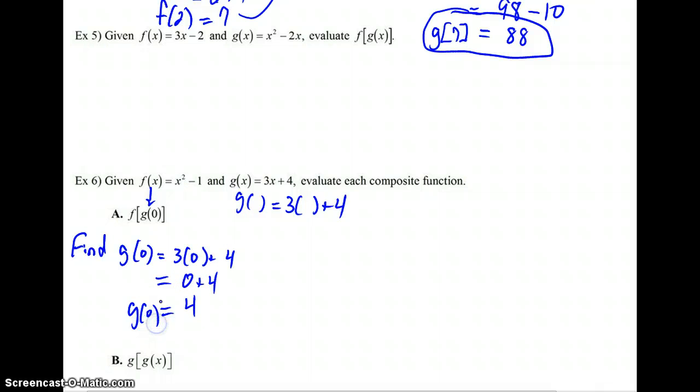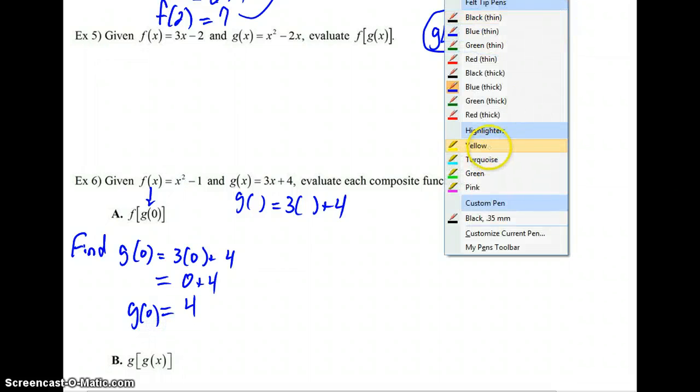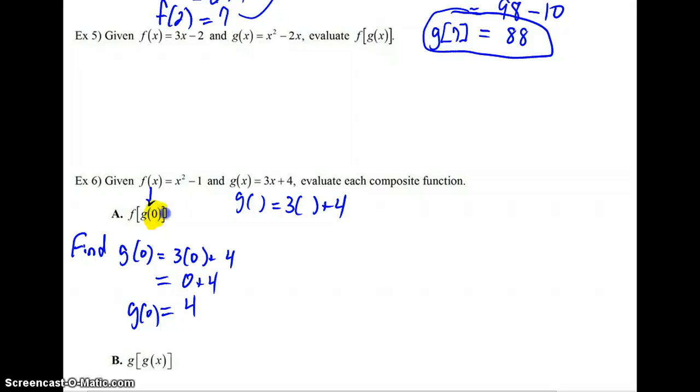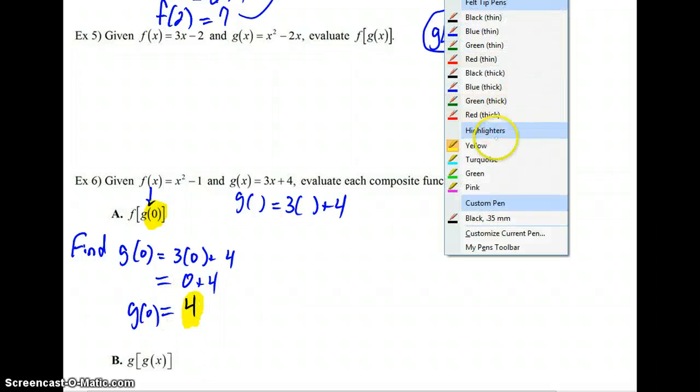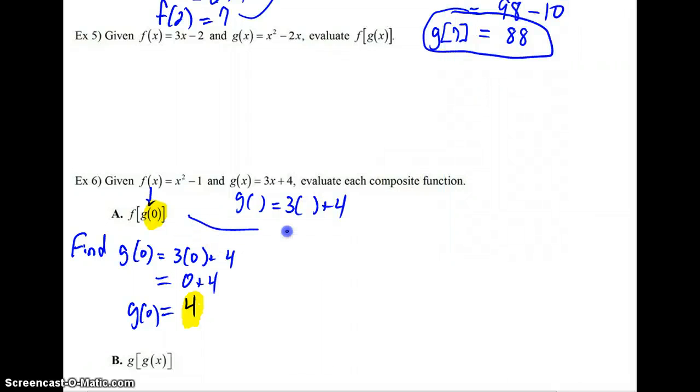What are we really seeing? We're seeing this: that inside part, that inner parenthesis, is really the number 4. So what I'm really trying to do is find f of 4, because we just saw that g of 0 is 4.